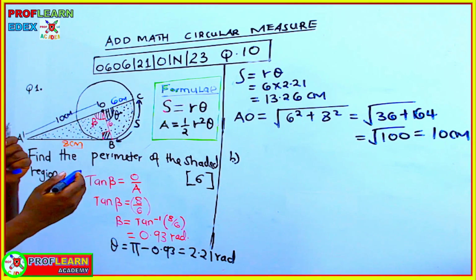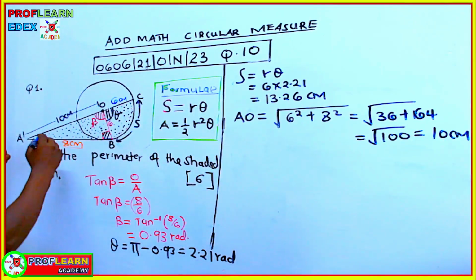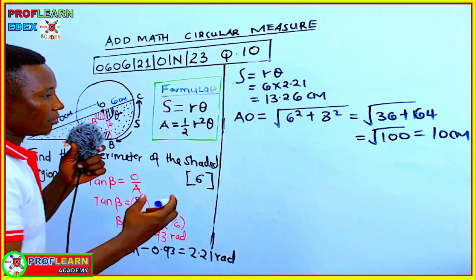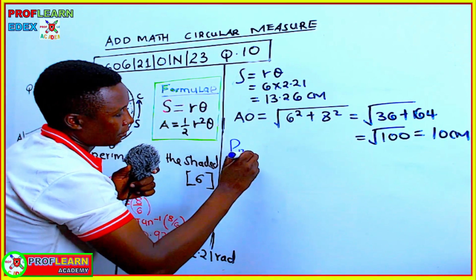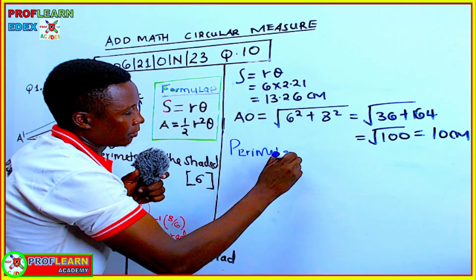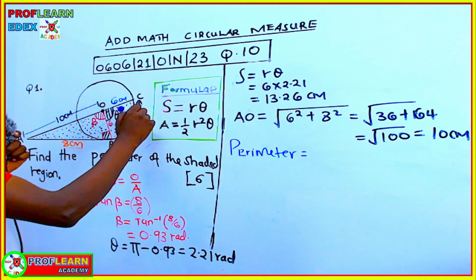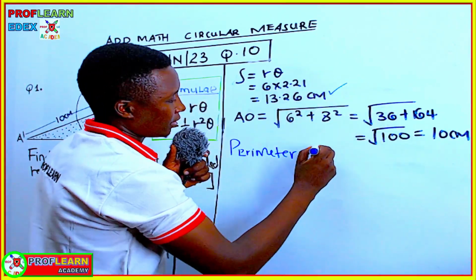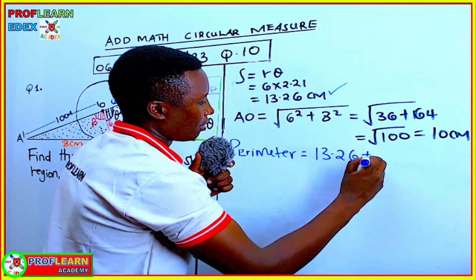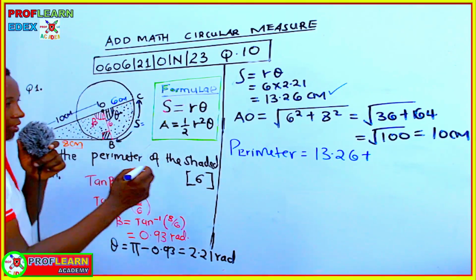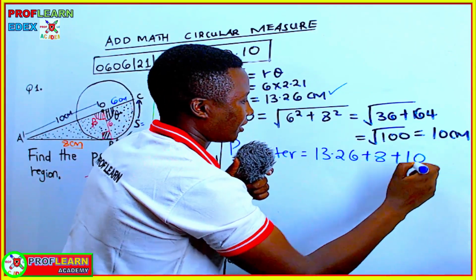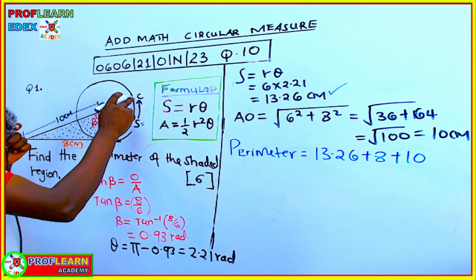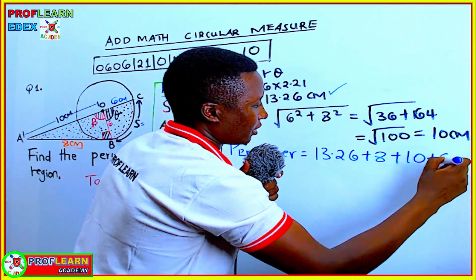But to find the perimeter, you need to remember that perimeter is the distance around. So in order to work out this perimeter, the perimeter is going to be this part, which we got up here as 13.26, plus this part 8 centimeters, plus 10 centimeters, then plus 6, which is the radius, at this given point.